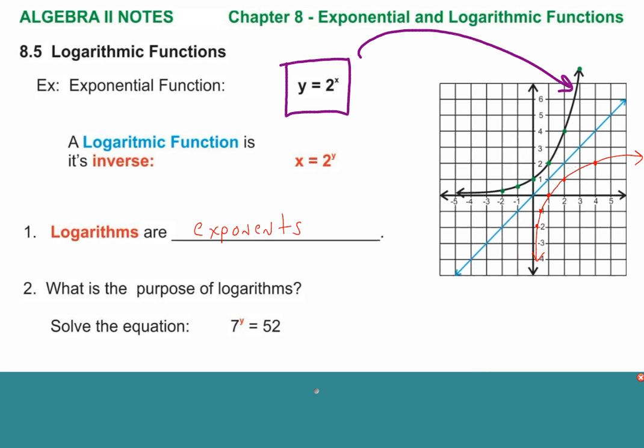So currently, we have no means of solving this equation, 7 to the y equals 52. Now, I know that y is somewhere a little bit bigger than 2, because I know 7 squared is 49. And now I'm close, so maybe is it 2.1?